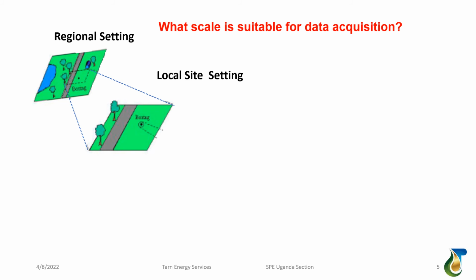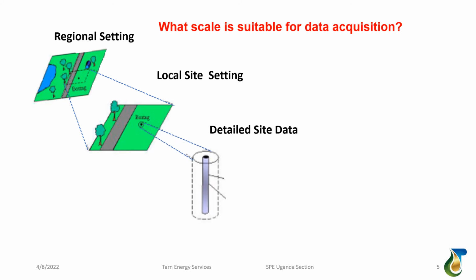If you had 100 square kilometers, once we have run maybe the airborne survey, we say let us go to the surface survey, and maybe investigate 1 square kilometer from the 100 that we had. Once we have also got enough information on the local scale, that's when you can go into the detailed site data scale.